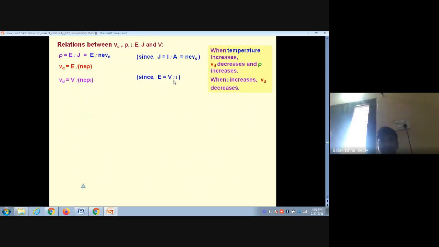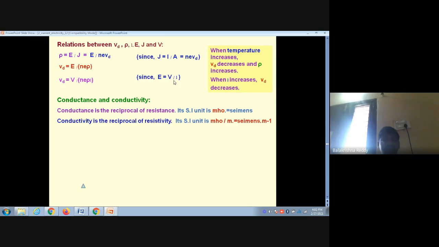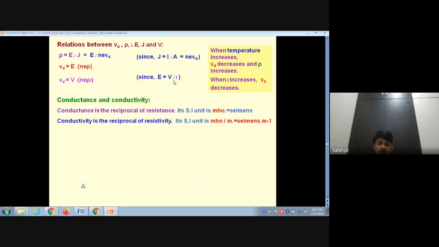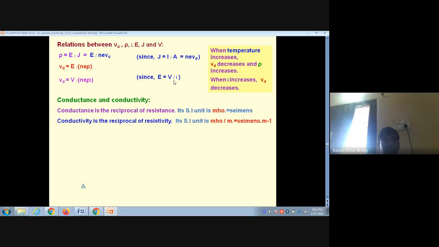When temperature increases, Vd decreases and ρ increases. When length L increases, Vd decreases. ρ is resistivity, sir. Exactly. Vd decreases and resistivity increases. Obviously, drift of electrons will be increased, electric current will increase, right?